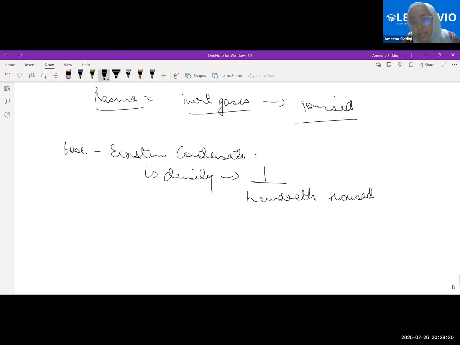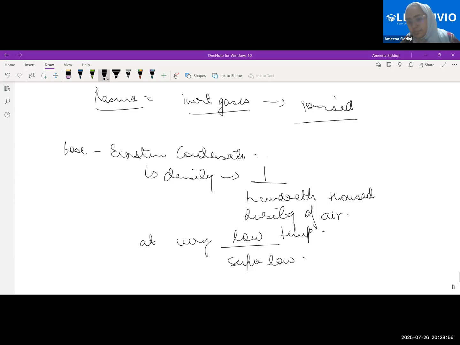I hope you know when we say 100,000, we mean 1/100,000 of air. This is at very low temperatures. You can also call them super low temperatures. That is why we operate superconductors at this temperature.